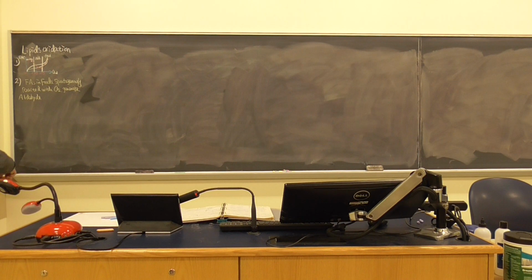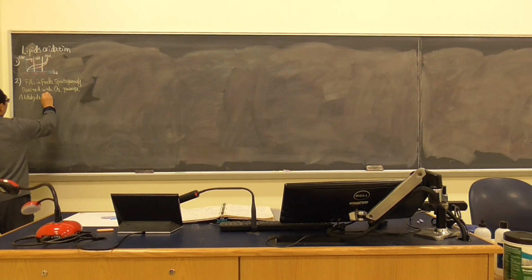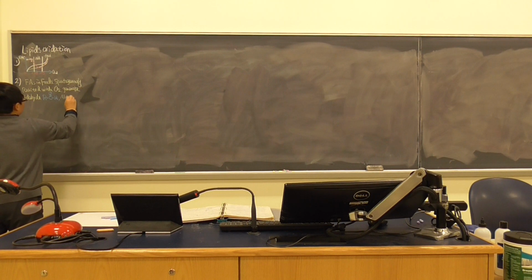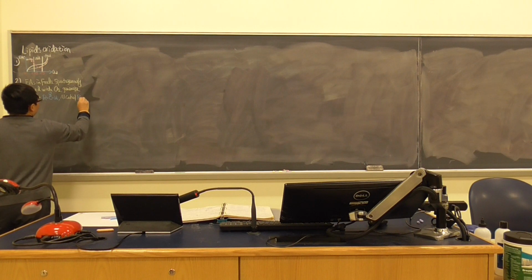If we want to draw the structure, you should know it is RCHO. Alcohol could be, which is RCH2OH.